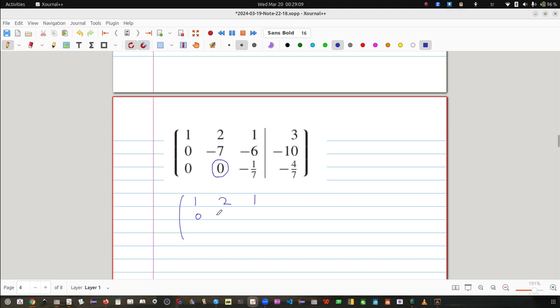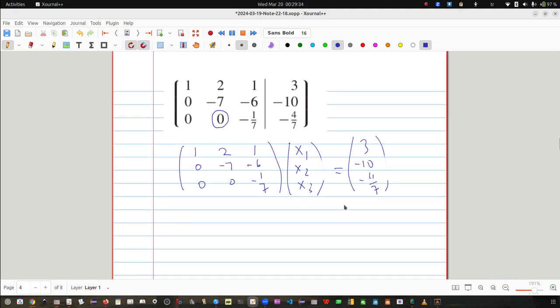This can be a question also, saying that write the system of equations from this coefficient matrix. So if this is the matrix, then it's supposed to be like this, is equal to 3, minus 10. These are the same thing. So the coefficient matrix is the reason why we are writing this.